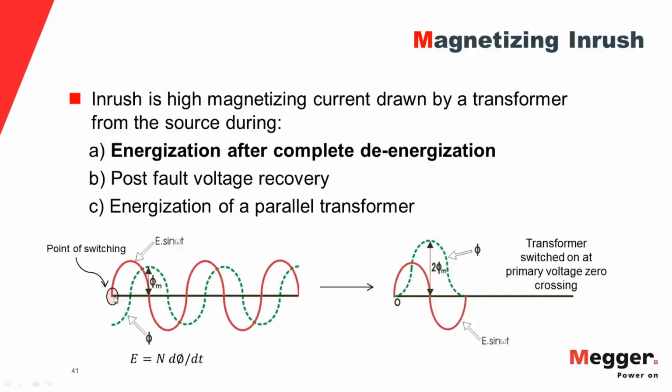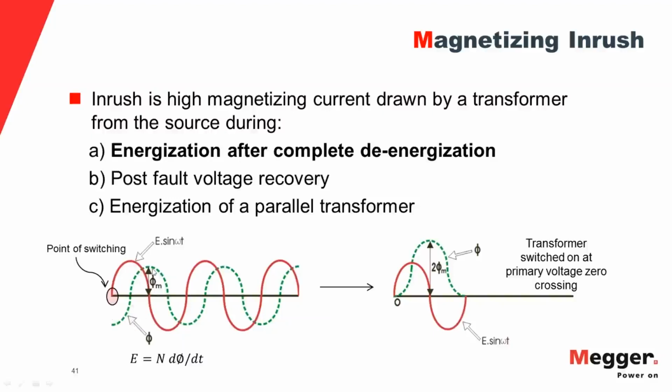Inrush is a high magnetizing current drawn by a transformer from the source. Since a transformer acts as an inductor, when you energize it, it will draw heavy current from the source to energize the core. This inrush can happen in primarily three different scenarios.